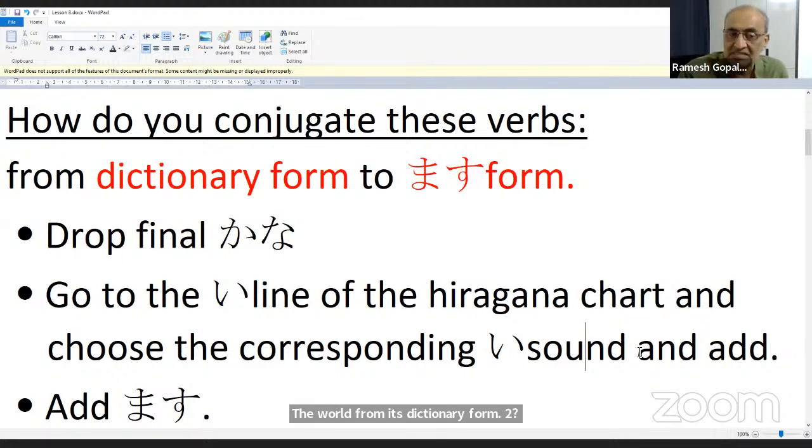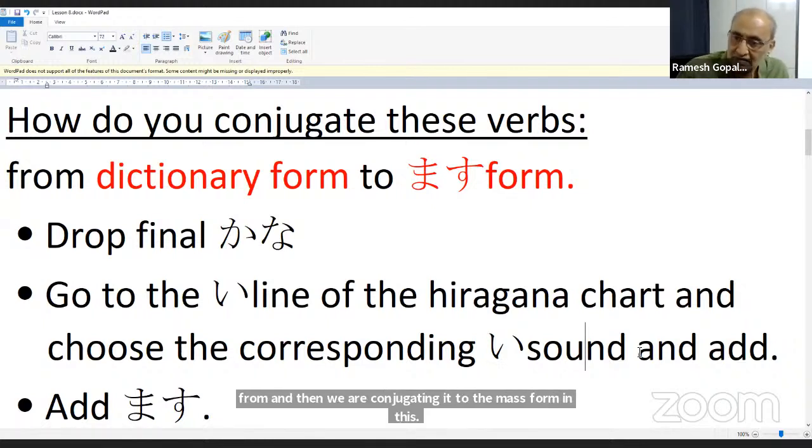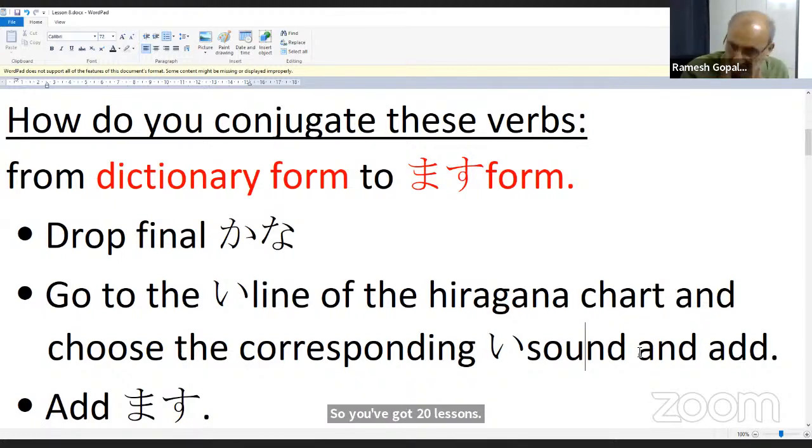So please write this and remember this. How do you conjugate these verbs from dictionary form to mass form? We are only seeing two forms now: the dictionary form, and then conjugating it to the mass form in this lesson. You've got 20 lessons, and you'll see more conjugations.